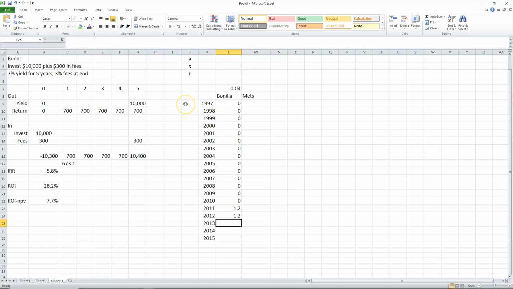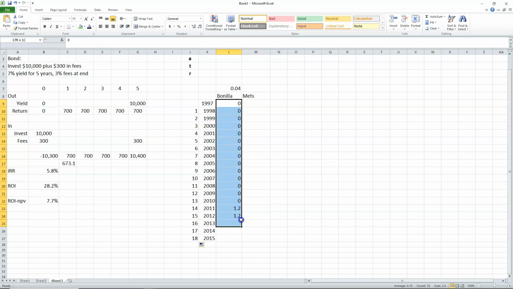Now, one way to do this is to figure out what year it is. Just go equals this minus this. Since 1997 is our reference, we use our old friend function 4. And then I could pull this down to figure out what year I'm working with. And this goes out to 2025.